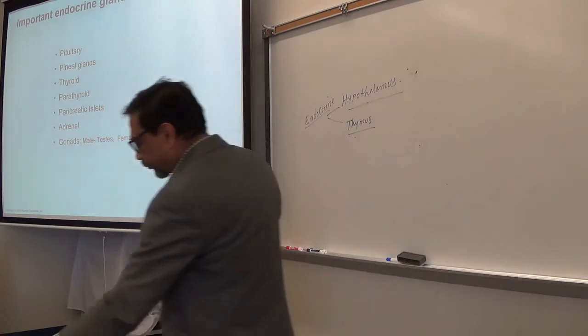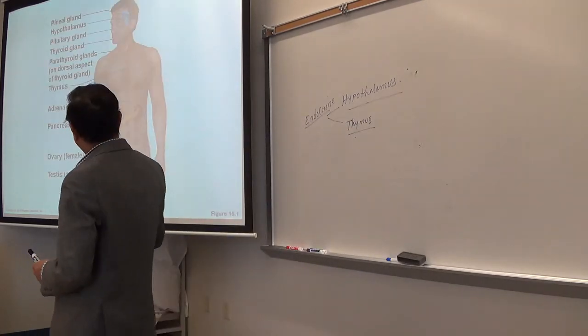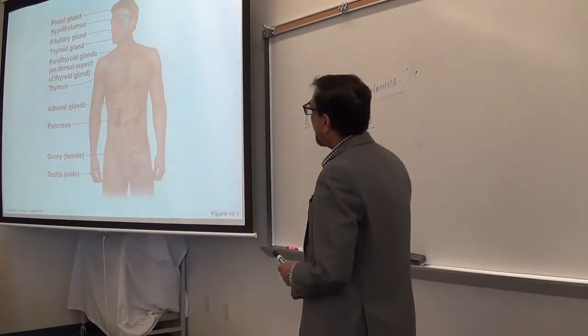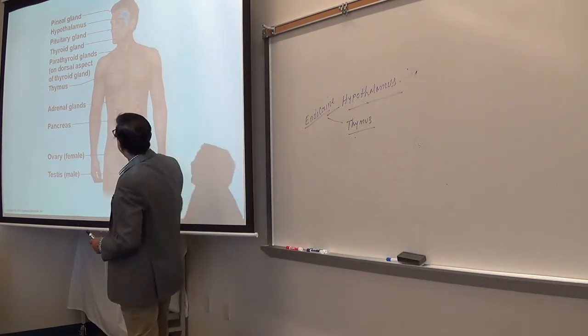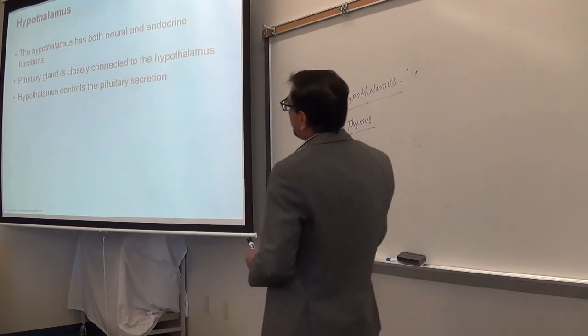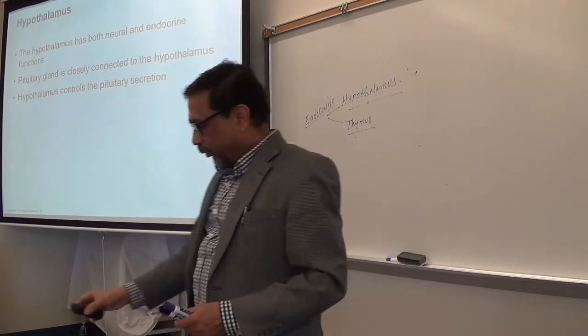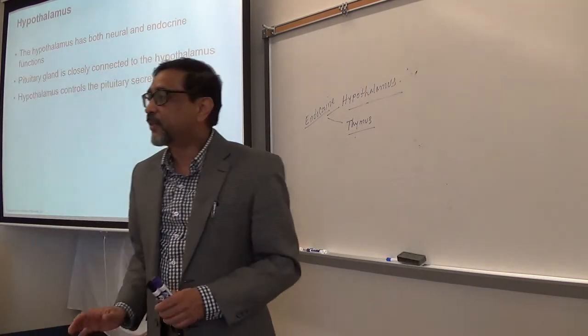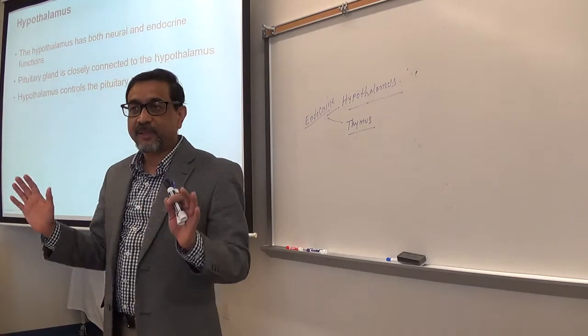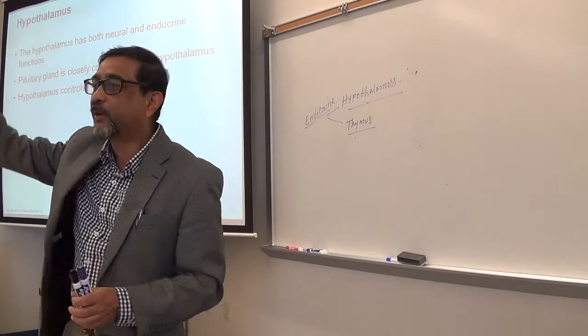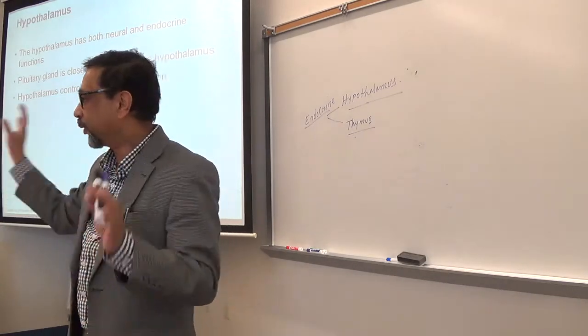Now, here you see thymus, the upper part of the chest. Now, you know that pituitary gland is called what? Master gland. Remember that? Pituitary is the master gland. Why? Because pituitary gland controls the other endocrine glands of your body.